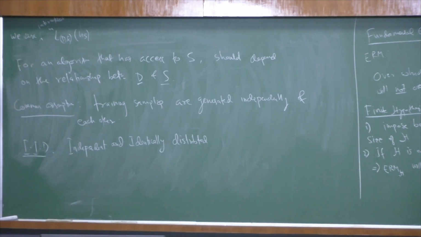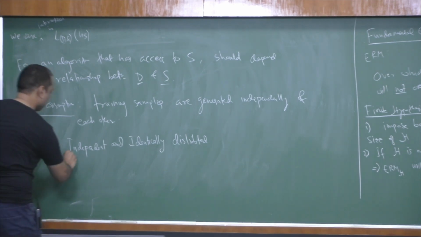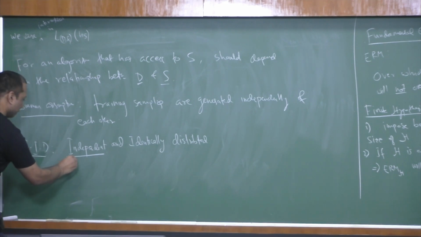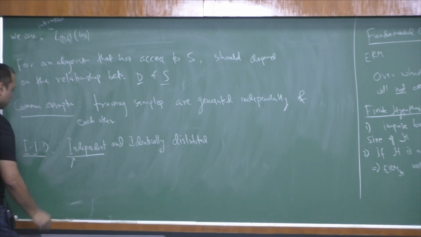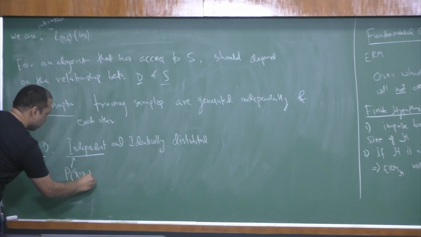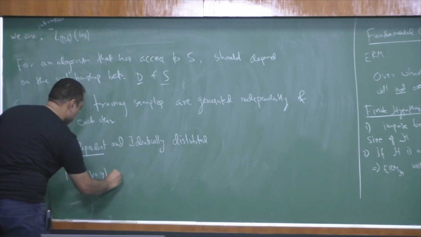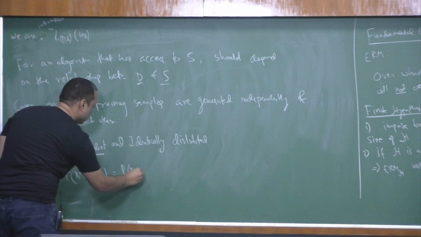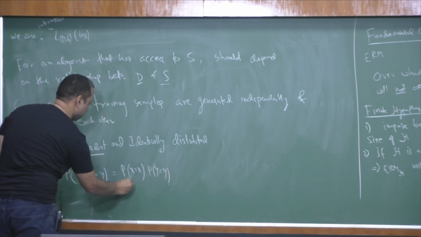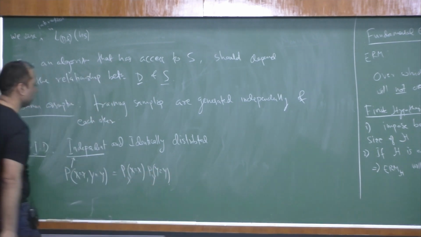Independent in the sense that the samples we are generating are independent random variables. There is a way to define independence: the joint probability, if you recall, is the product of the individual marginal probabilities, probability of x times probability of y.